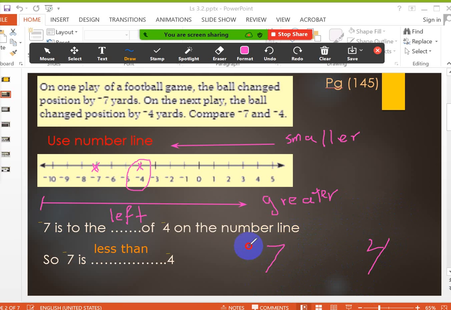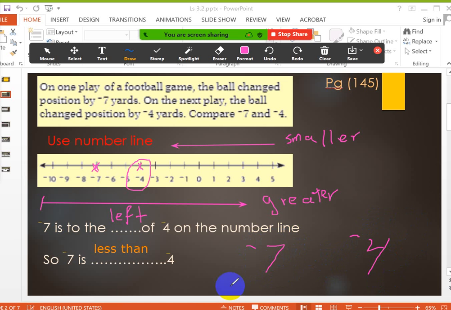But if I have negative numbers, the strategy will be opposite. When the negative number becomes greater, the value of the negative number becomes smaller.